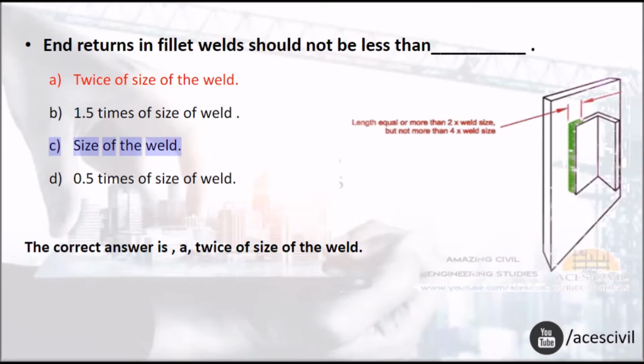C. Size of the weld. D. 0.5 times of size of weld. The correct answer is A. Twice of size of the weld.